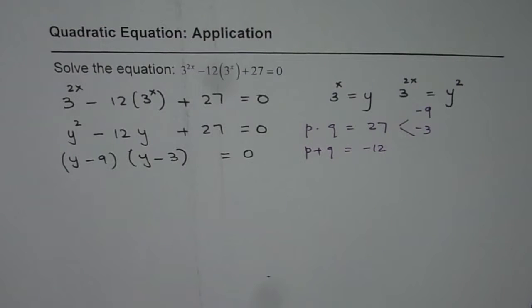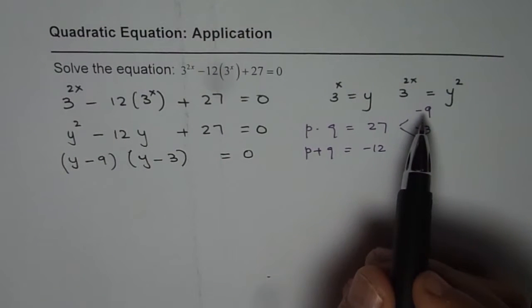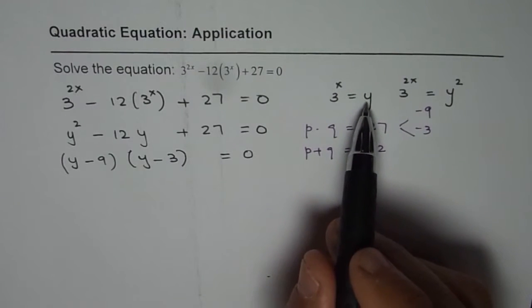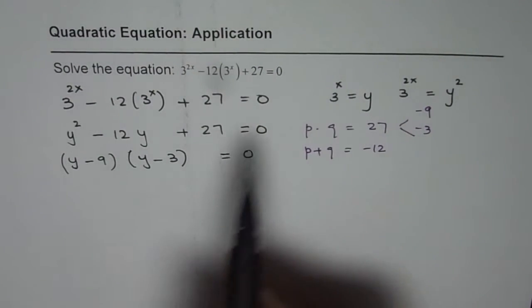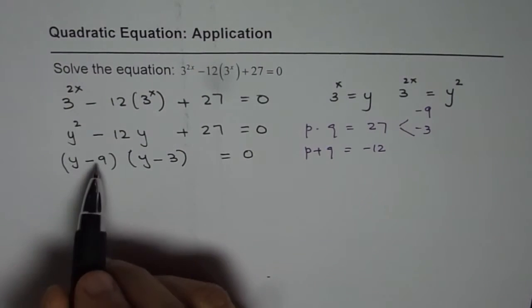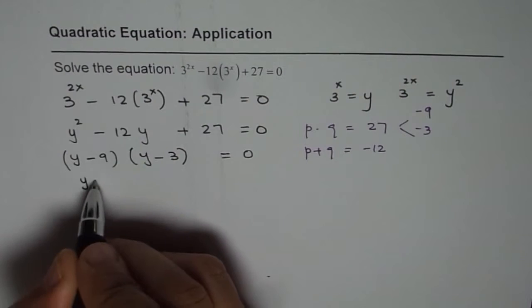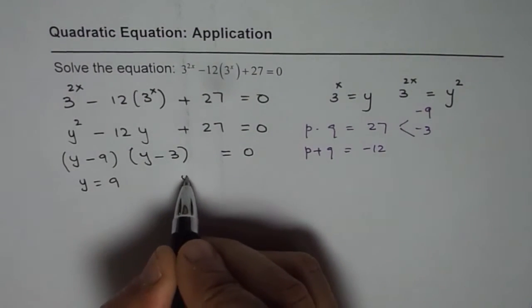Now with that, how can we find the value of x? Well, we can substitute y as 3 to the power of x back into the equation, right? These two factors equal to 0 give us the result that y is equal to 9 or y is equal to 3.